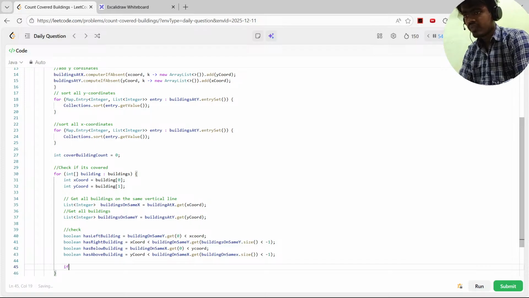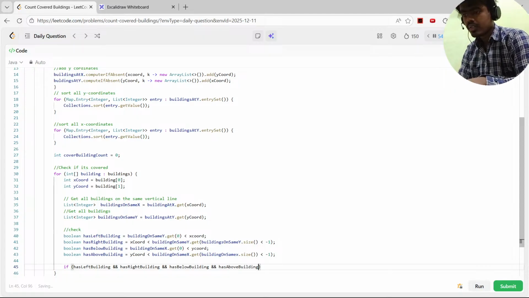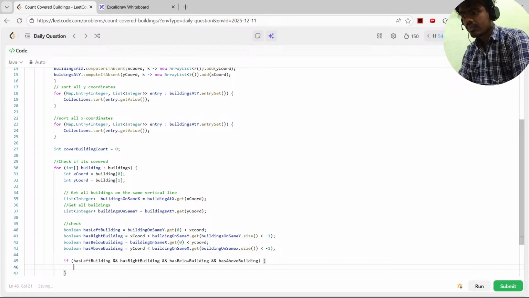So we have to write if this is bigger, if has left building and has right building and has below building and has above building, this was covered, so covered building count.